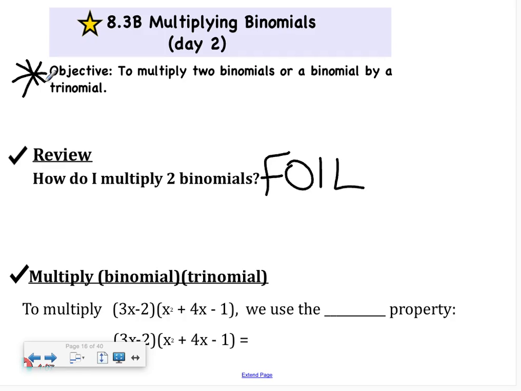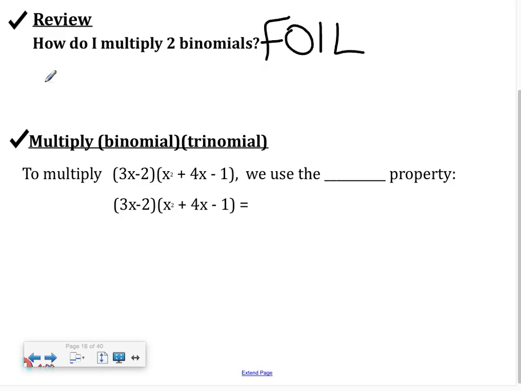Now, today, when we are going to be multiplying a binomial by a trinomial, we cannot use the FOIL method. Because the FOIL method is for a binomial times a binomial, and we are multiplying a binomial to a trinomial. So that's why we are not able to use that method.